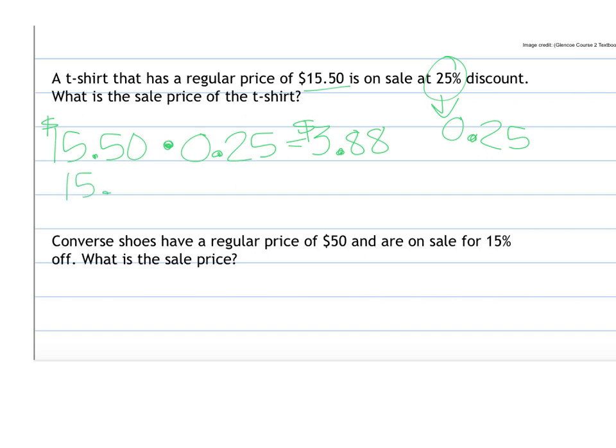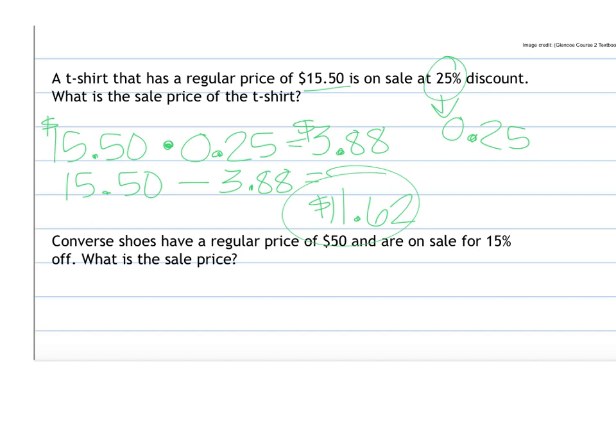Then I have to do 15.50 minus 3.88, and I get $11.62. 25% off of $15.50 would make me pay $11.62, which makes sense, that 25% off would be about $12 or around there.